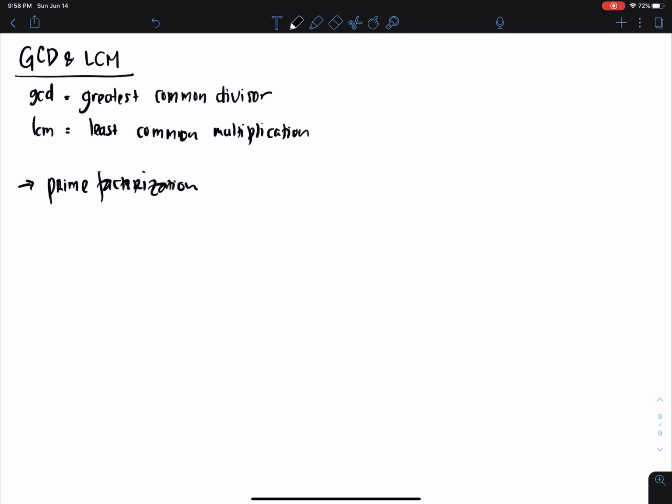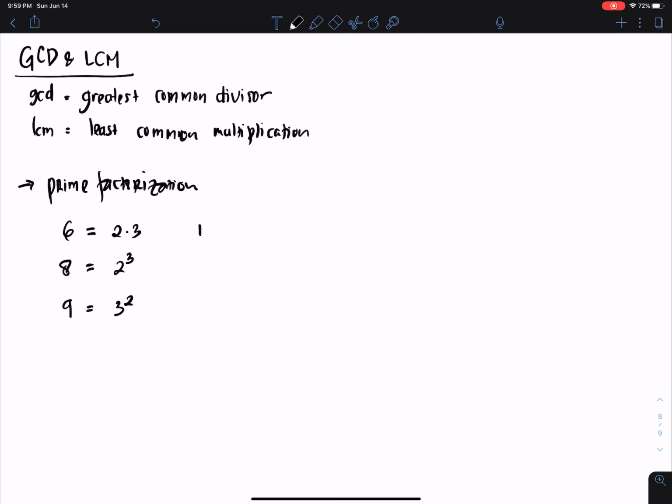For example, if we have the number 6, the prime factorization for 6 will be 2 times 3. If we have 8, it will be 2 to the power of 3, and for 9 it will be 3 to the power of 2, because it's 3 times 3.